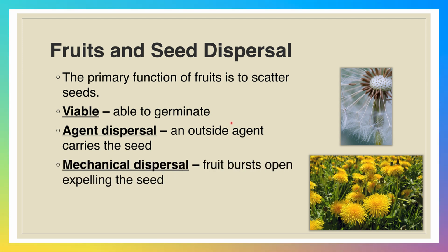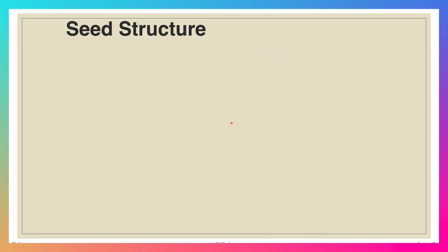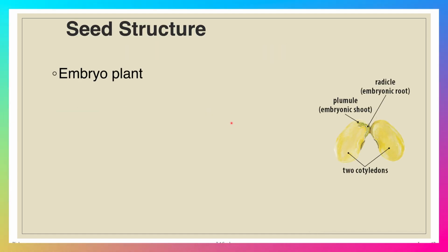The other way is mechanical dispersal, when the actual fruit bursts open and seeds are expelled from inside the fruit. The seed structure is shown here. Remember that the seed is an embryo plant, and remember I told you that I'd tell you what monocot and dicot is. These are seed leaves or cotyledons, and this one has two, and so it's a dicot.